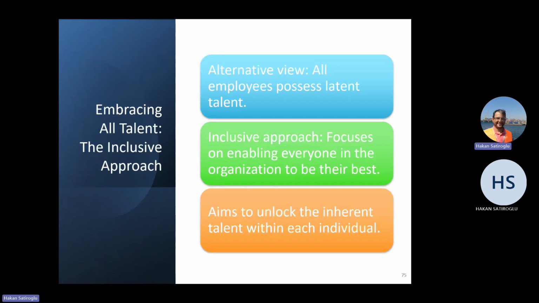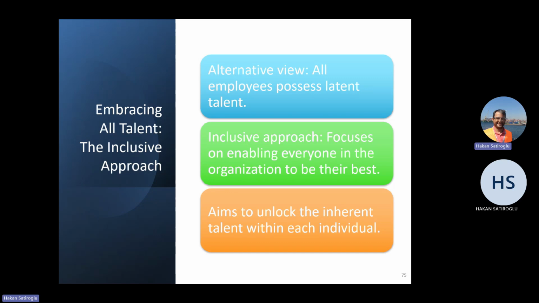And the next slide is about embracing all talents and creating an inclusive approach in talent management. We are aware that we are short of resources, okay?